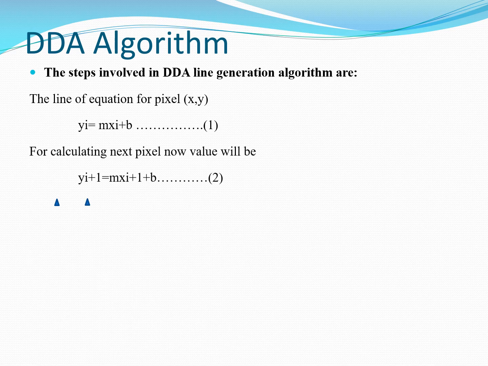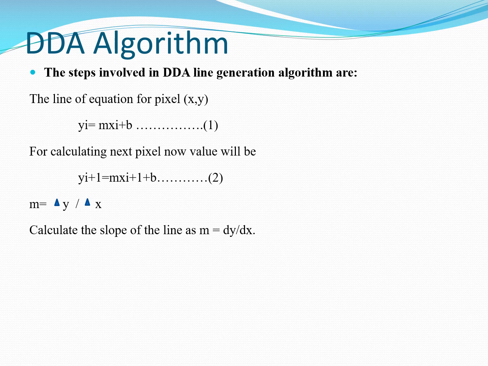To calculate the next pixel from the initial to the final pixel, we need to increment the y value as well as the x value by 1. So the equation now is yi+1 = mxi+1 + b. This is the second one. How do we calculate the slope?